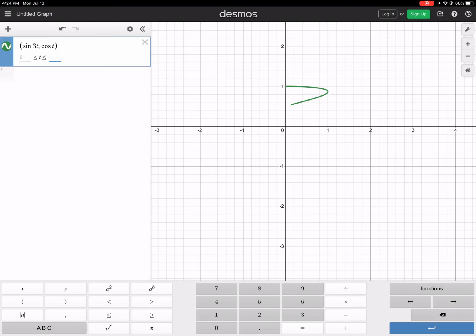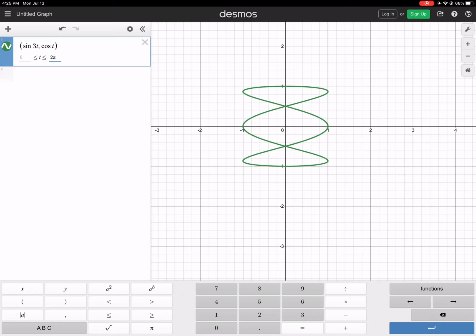Let's go now from 0 to 2. 0 to 3. 0 to 4. 0 to 5. 0 to 6. It looks like a spring, and it's just about to close. The reason it's not closed yet is I haven't gone all the way around to 2 pi. So I'm going to do that now. I'm going to write 2 pi, and there it is.